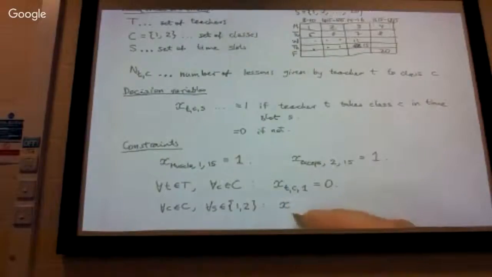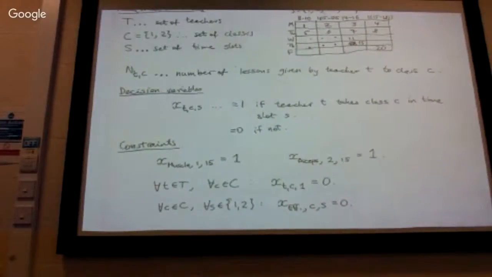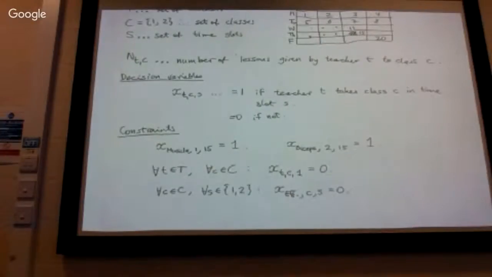X of that teacher, any class, and time slot 1 or 2 has to be 0. These are kind of the not very interesting constraints because they're very particular. But let's get them done first.